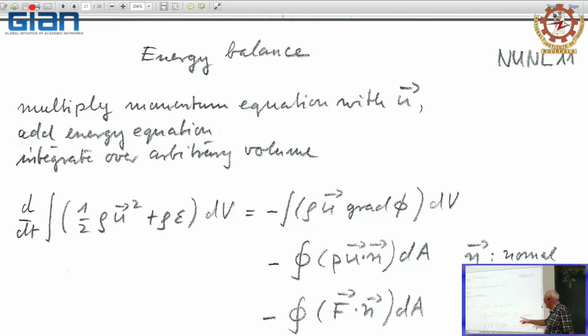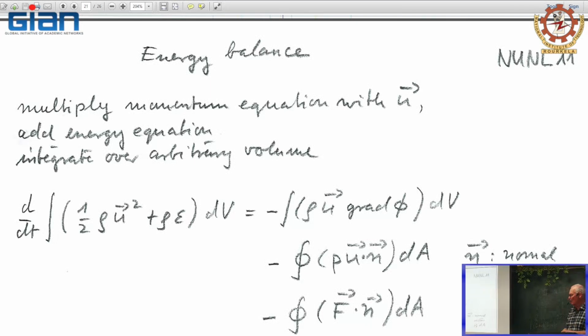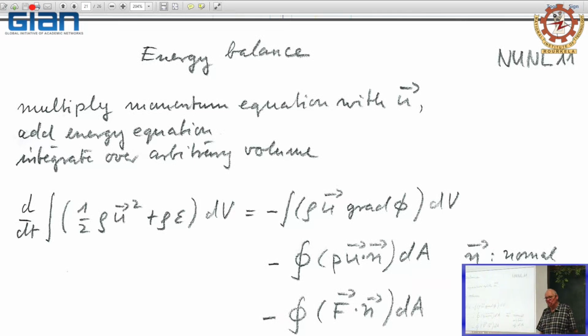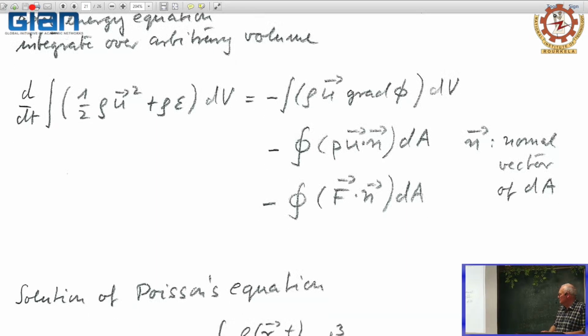This is the pressure times velocity times the normal vector times the surface element, and a similar expression for the thermal energy flux. Now this is the quantity in which we're interested in particular for deriving a measure or an estimate for the mass loss rate of a star.